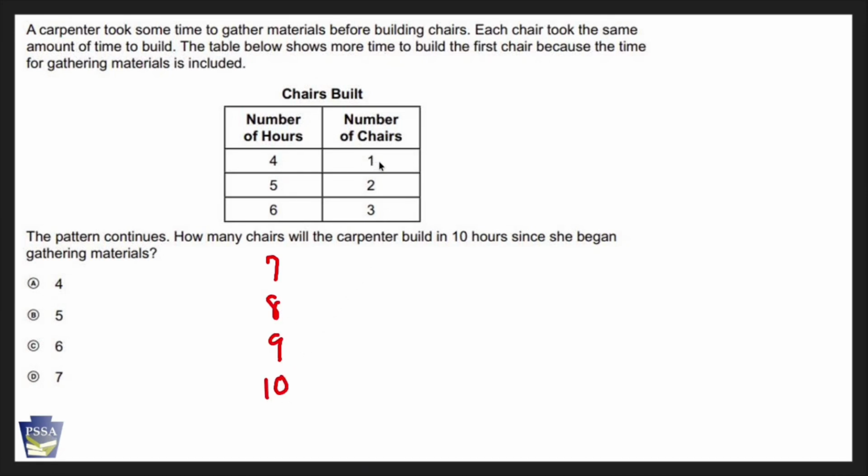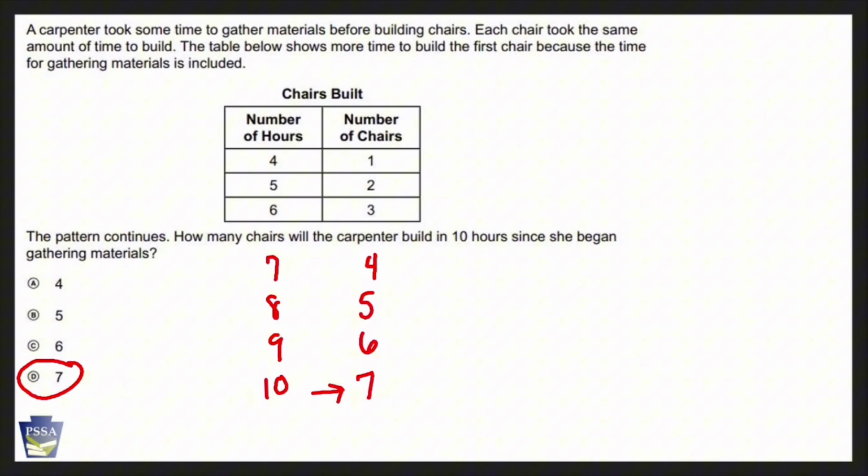On the right side, it also goes up by 1. So 1, 2, 3, so 7 hours is 4 chairs, 8 hours is 5 chairs, 9 hours is 6 chairs, and after 10 hours of work, she made 7 chairs. So that's going to be our answer, 7. Just a simple pattern. Keep going with the pattern.